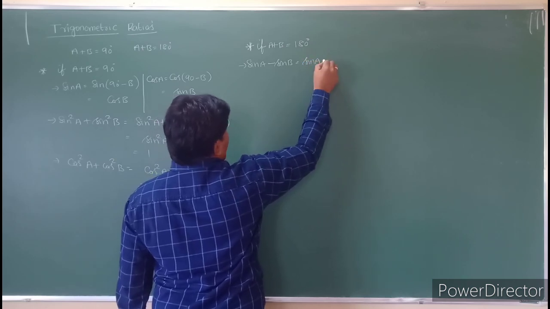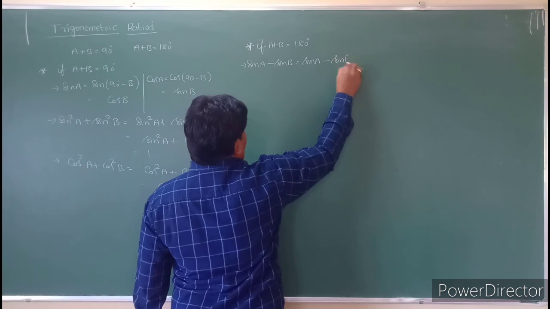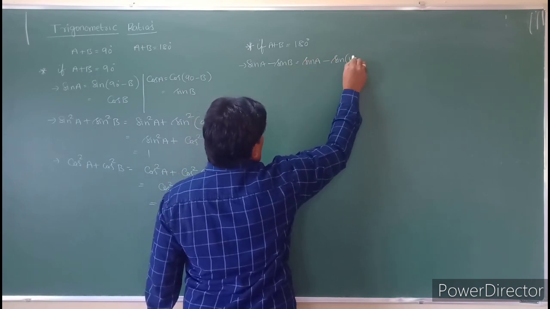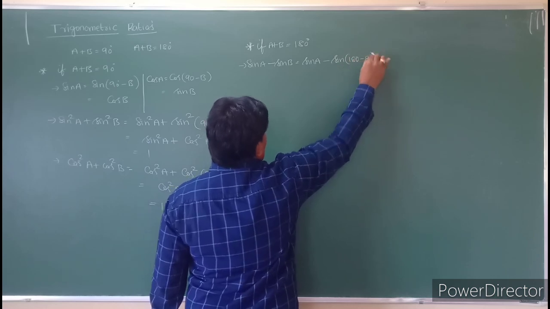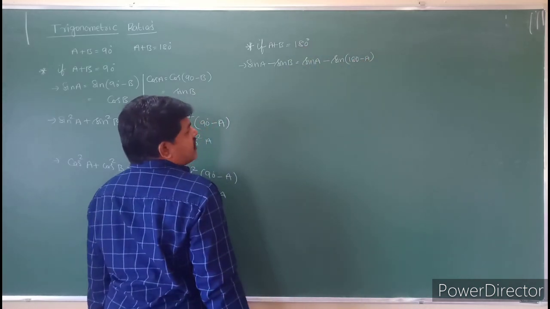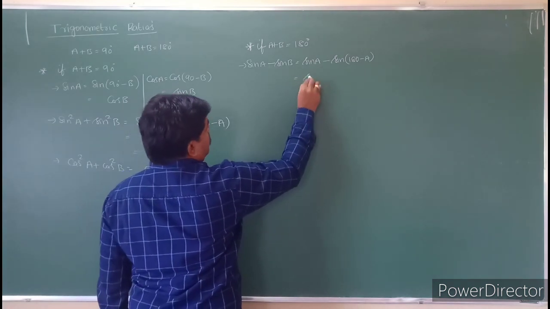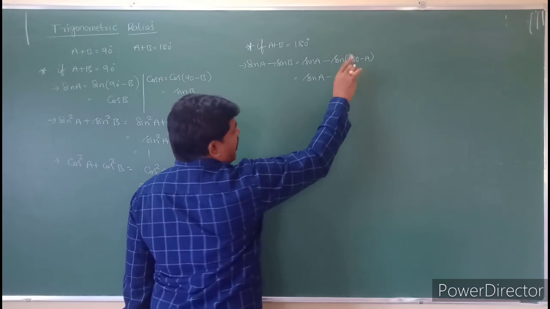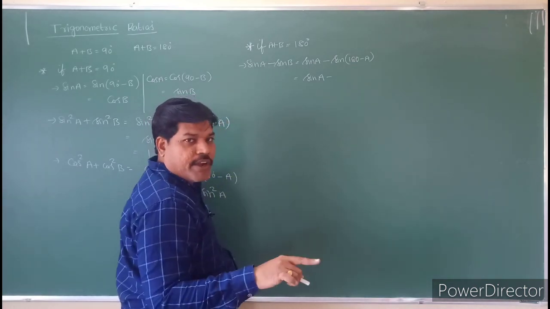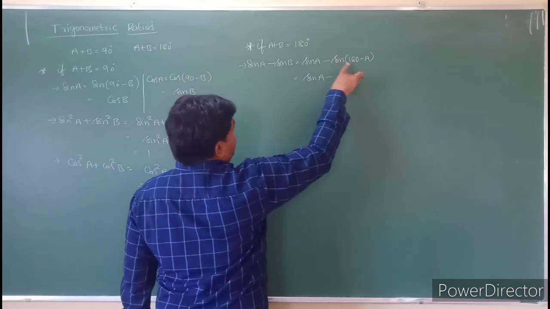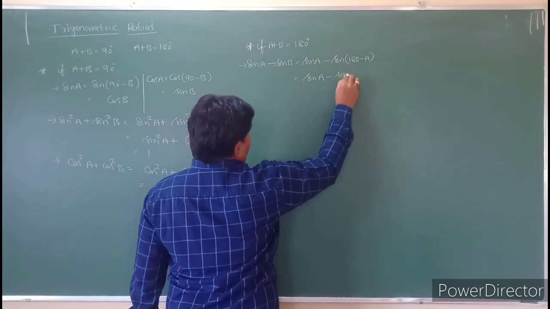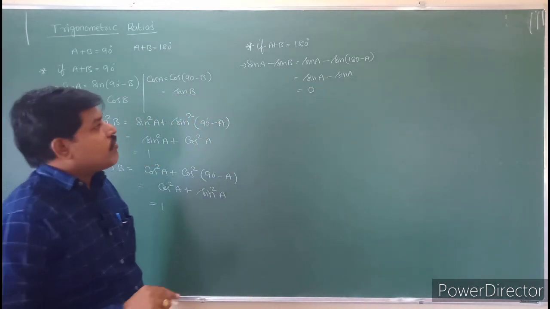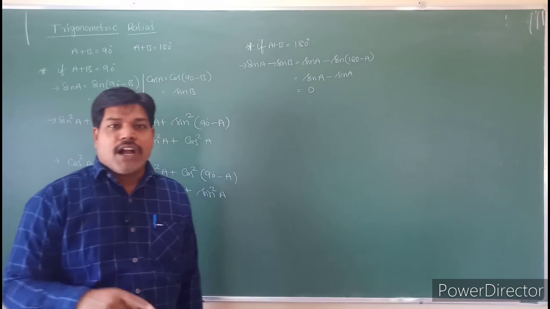Sin A minus sin B. In the place of B you can write 180 minus A. So that is equal to sin A minus sin of 180 minus A. With multiples of 180 or 360, the trigonometric ratios remain the same. So sin 180 minus A is nothing but sin A, so it will become 0. So if A plus B is equal to 180 degrees, then sin A minus sin B will become 0.